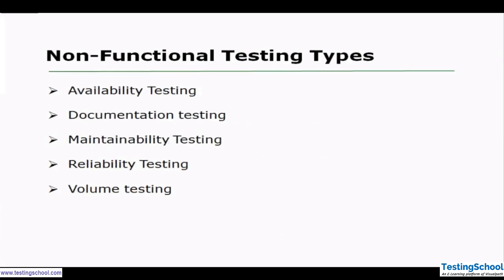Then we have the availability testing. Availability testing says our application should be available every time the user opens that particular website. Then we have the documentation testing. Documentation testing is something like we create different documents during testing, like test plan, test strategy, test cases, defects with different priority.